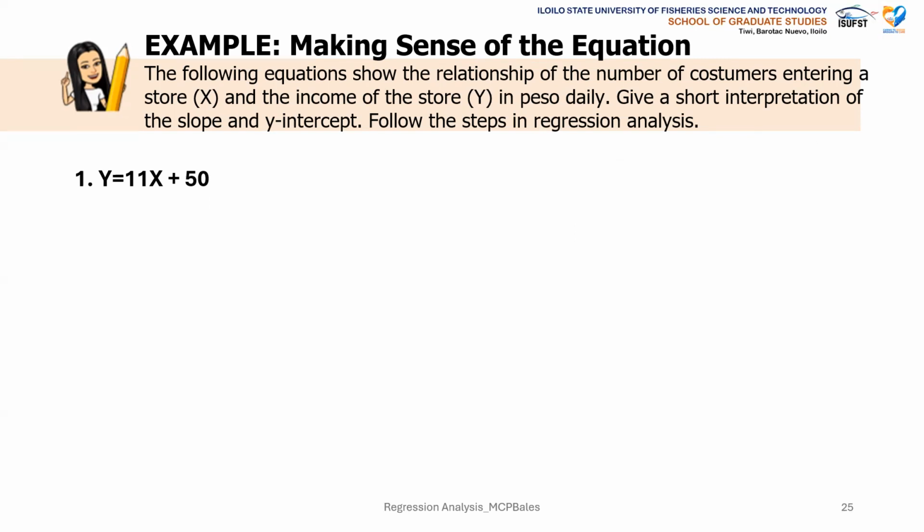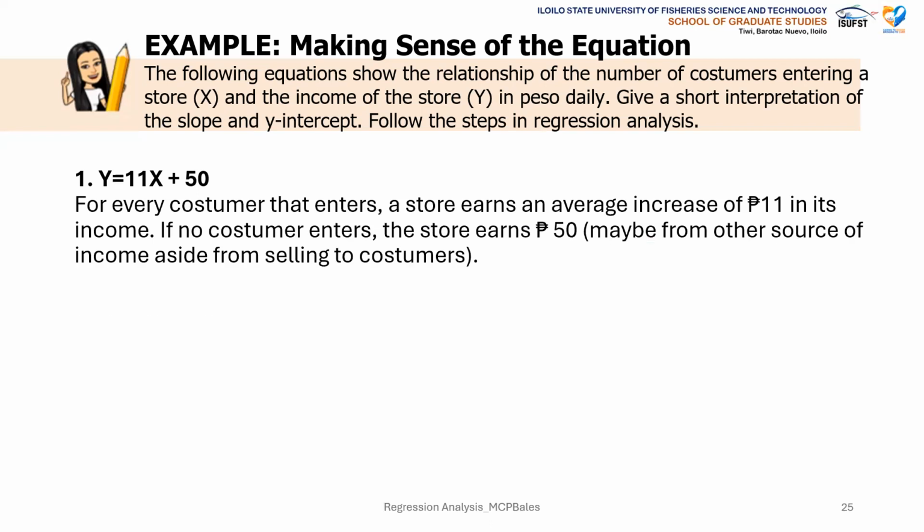What does this mean? For every customer that enters, or you could say for every increase of 1 customer, a store earns an average increase of 11 pesos in its income.